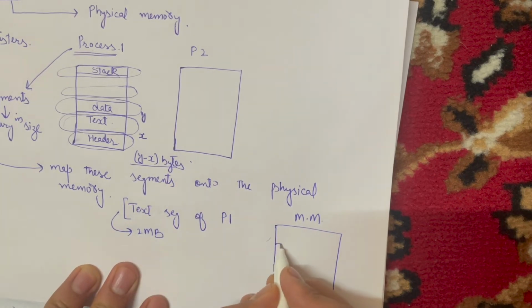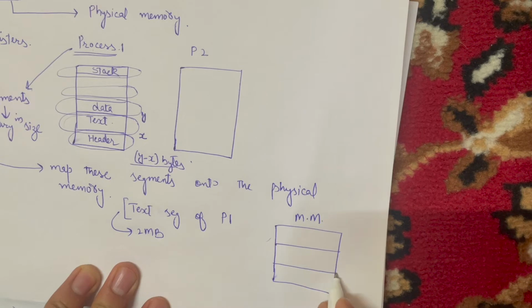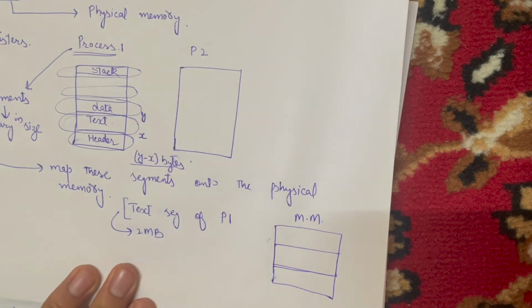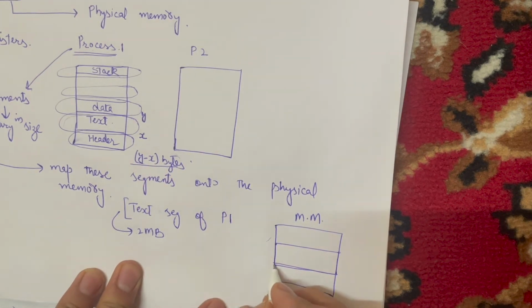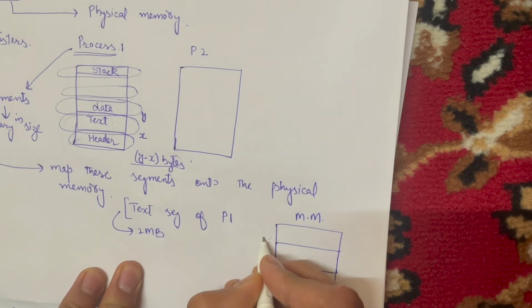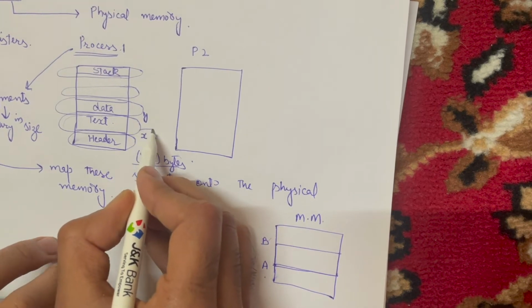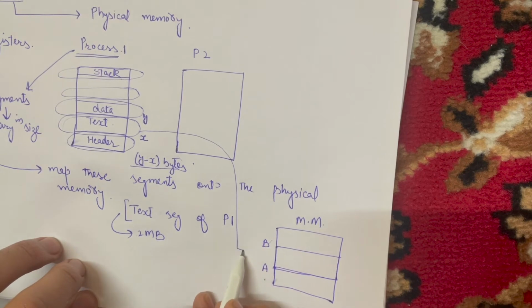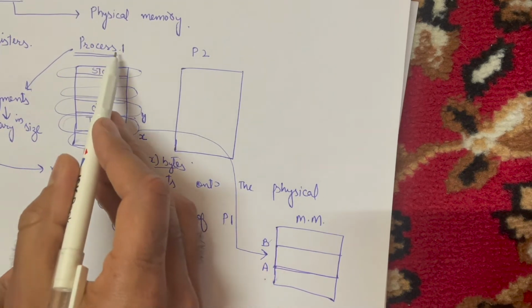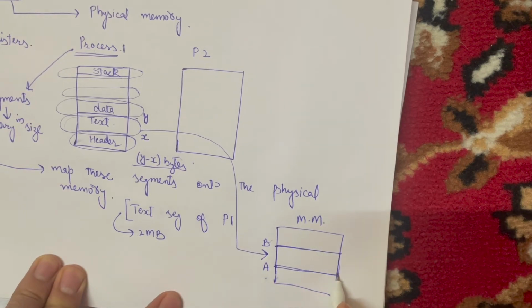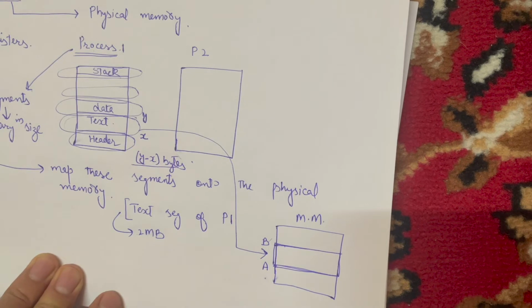Let's suppose this space is available, and it can occupy these bytes or more, and let's suppose its address starts from A and ends at B. So I am taking this segment of process P1 and placing it into this segment of main memory.